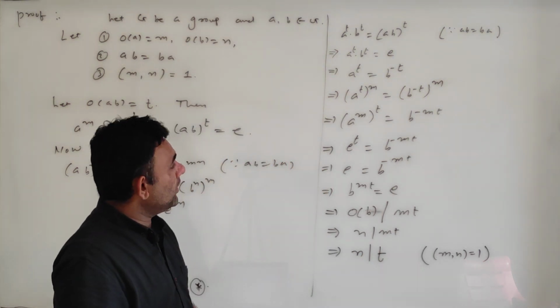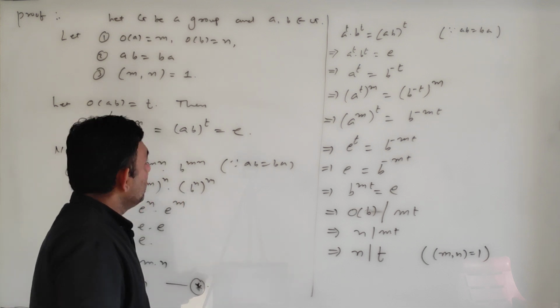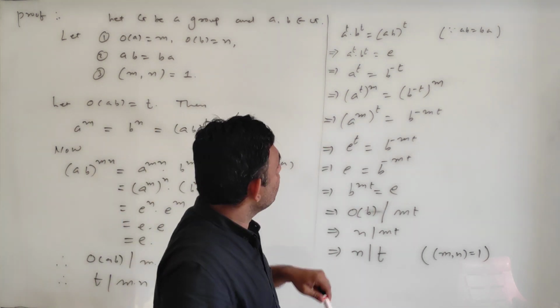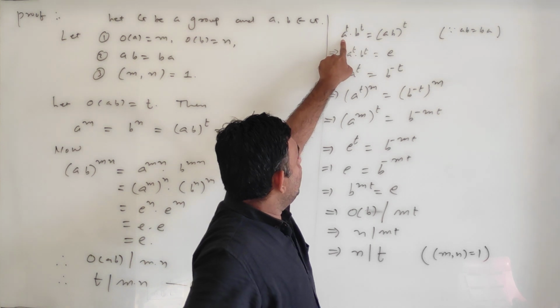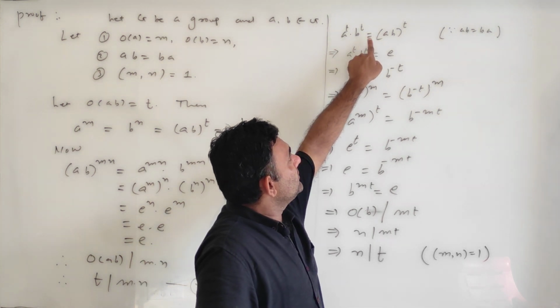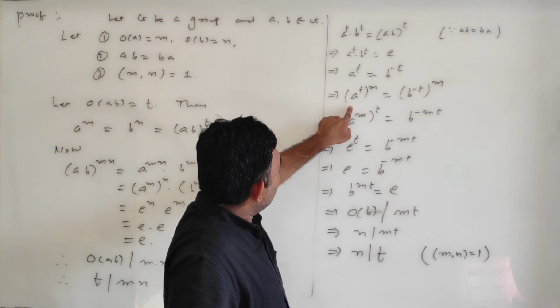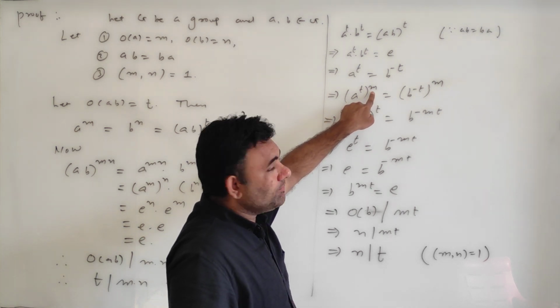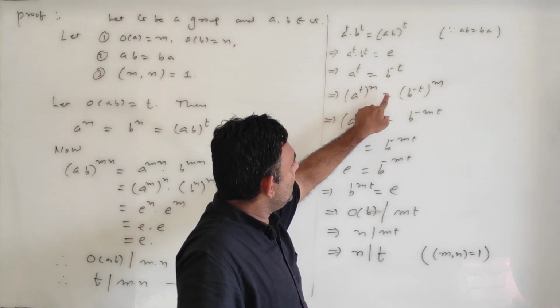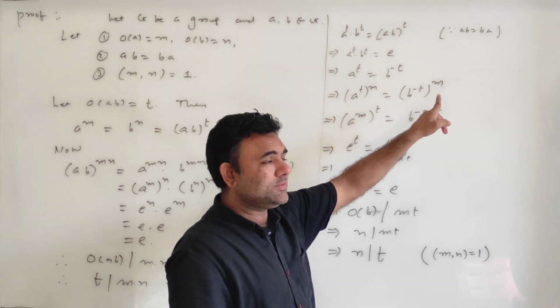So let us see what happened from here to here. If I have started with A raised to T, B raised to T is equal to AB raised to T, and then I raise the power m, A raised to T raised to m, on both sides the mth power.